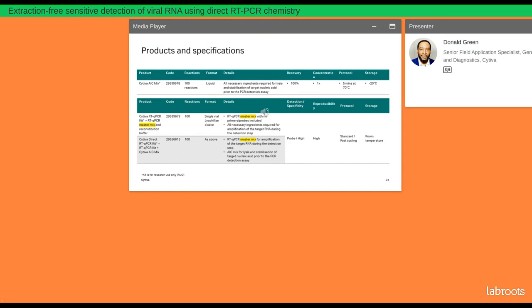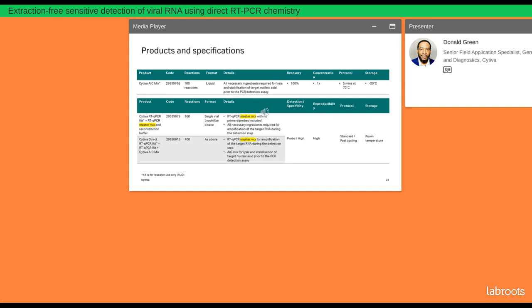So I just really wanted to do a quick breakdown of the products and specifications and draw in some important points here. If we take a look at the full direct RT-qPCR kit, what you'll have is the AIC mix with our qPCR kit or chemistry. And we actually offer them separately.